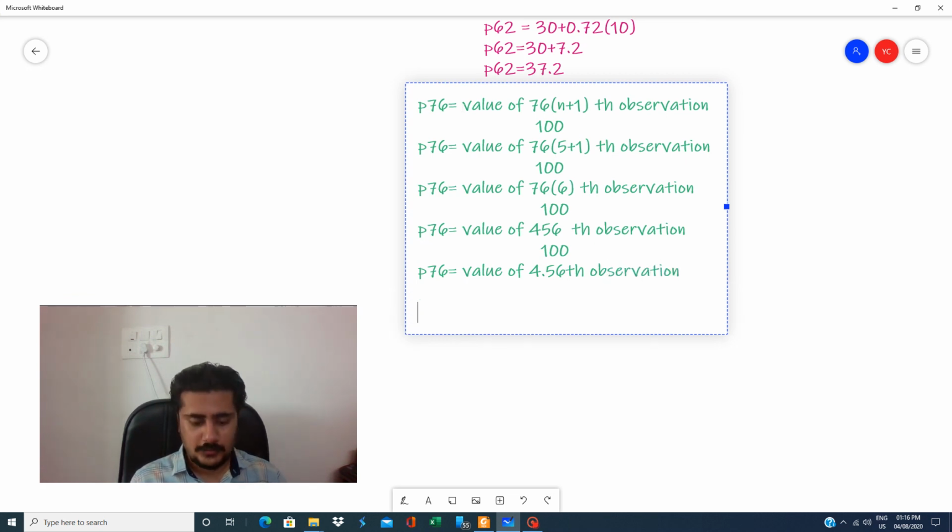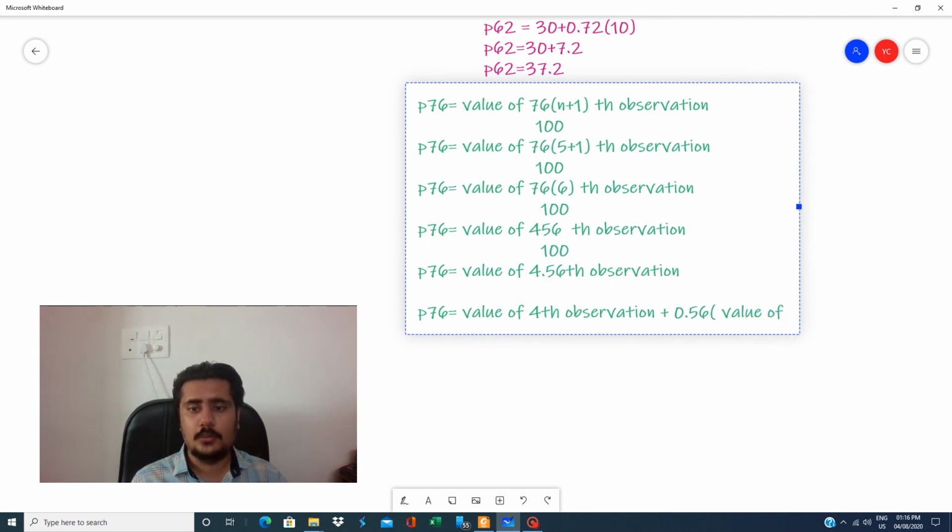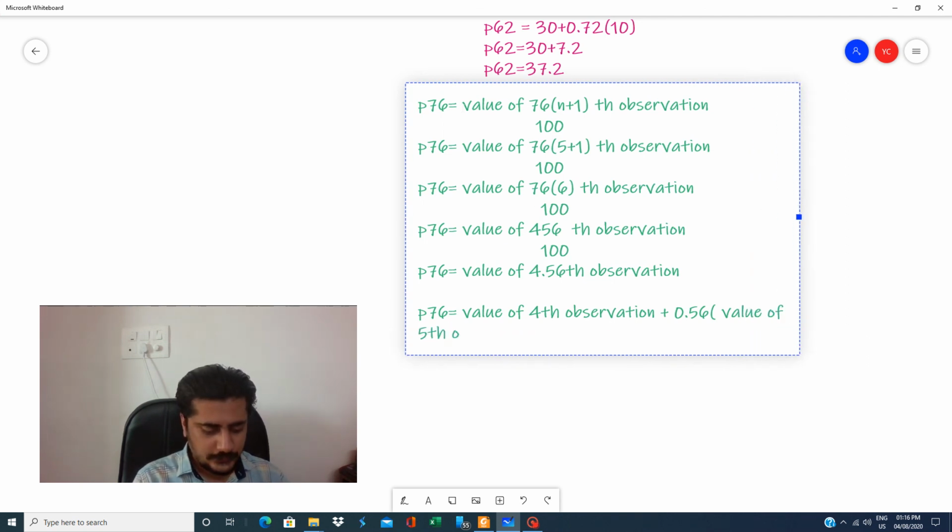Now how will we be solving this 4.56? It's value of fourth observation plus 0.56 into value of fifth observation minus value of fourth observation.